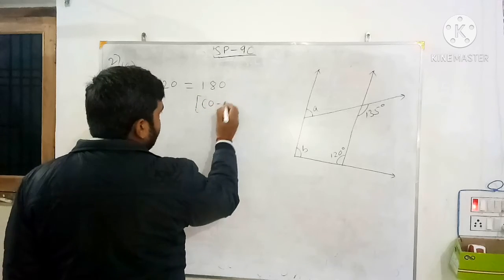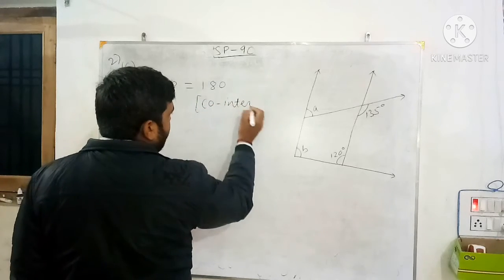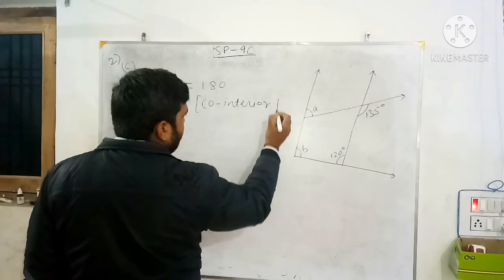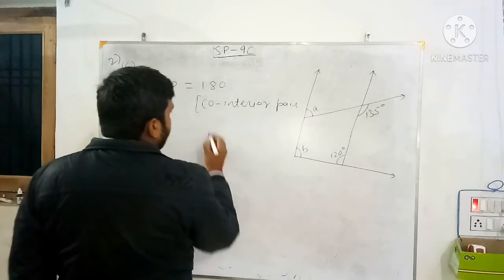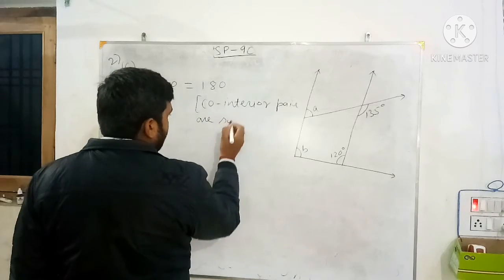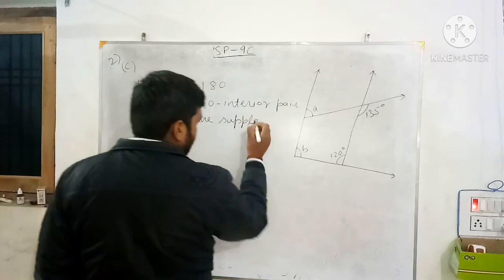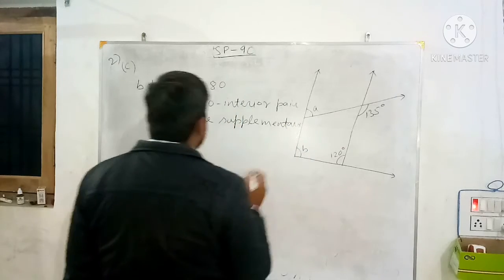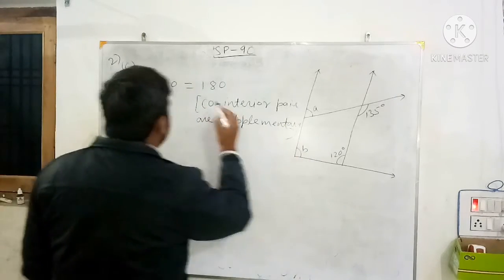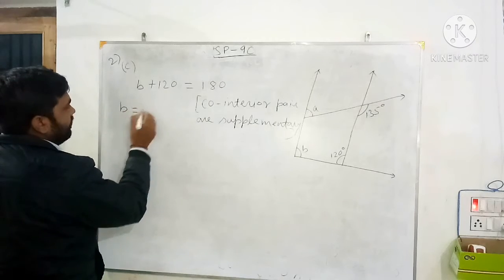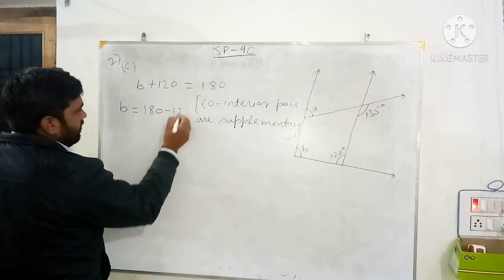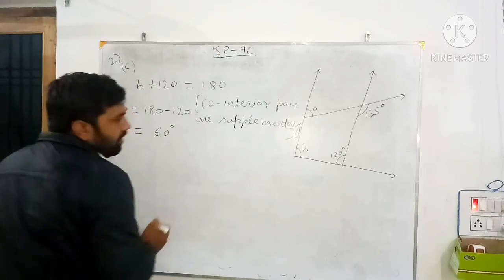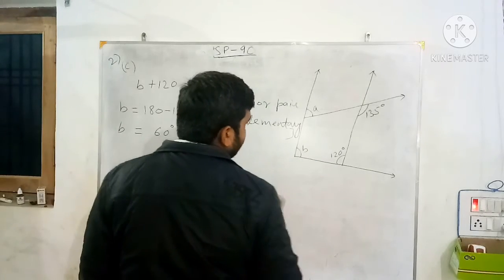Co-interior pairs are supplementary. That's why their sum is 180 degrees. Now B will be what? B will be 180 minus 120. So B will be 60 degrees. Now we got the angle B, 60 degrees.